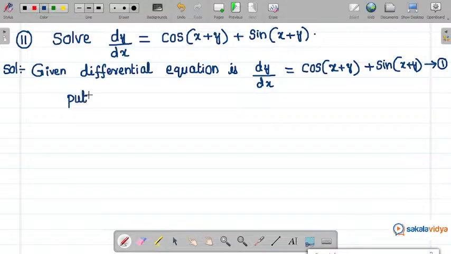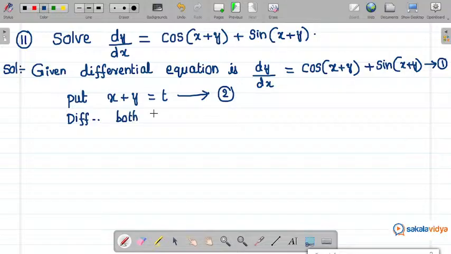Put x plus y is equal to t. Say equation 2 this is. Differentiate both sides with respect to x.